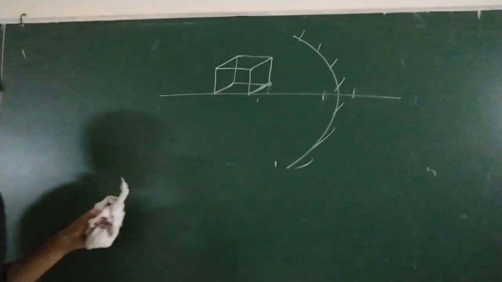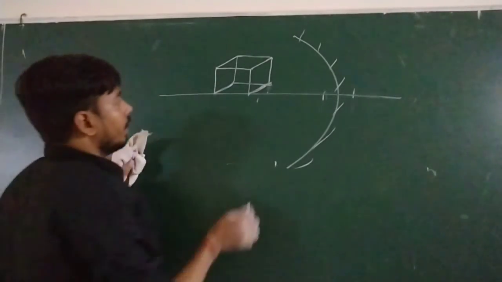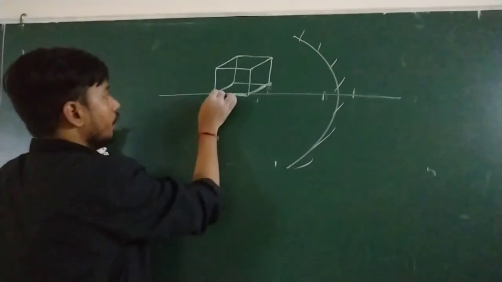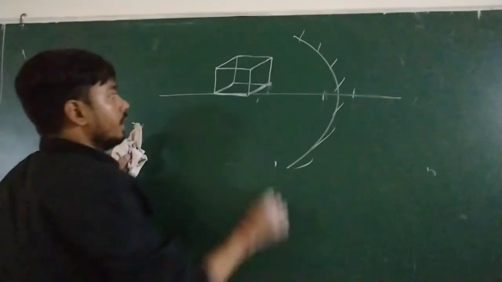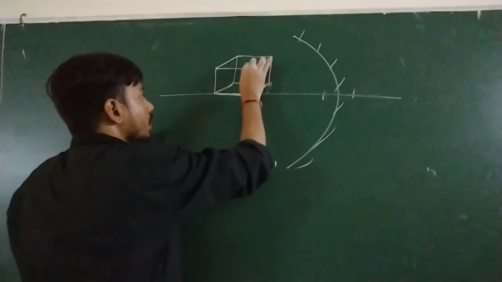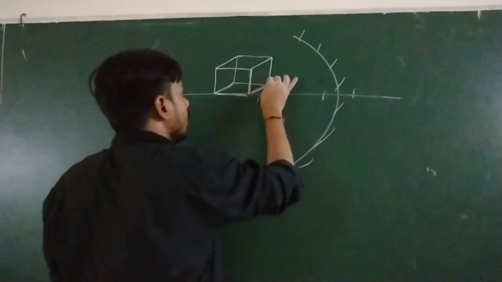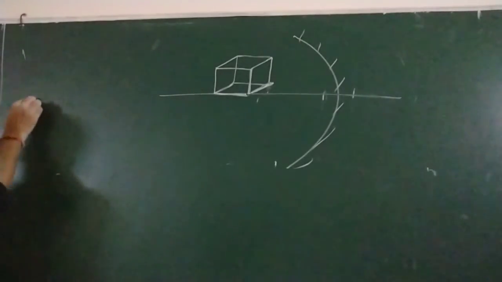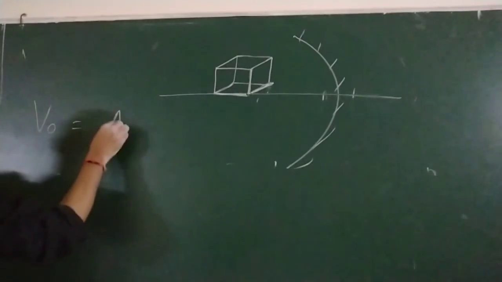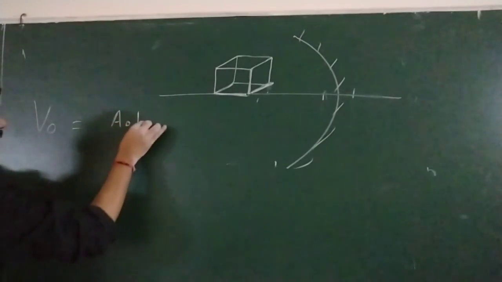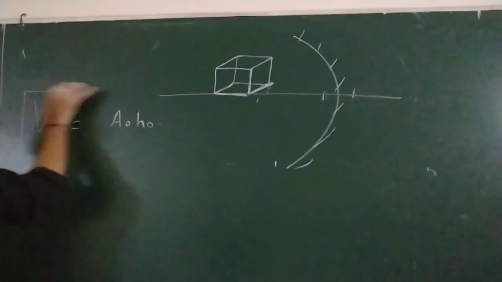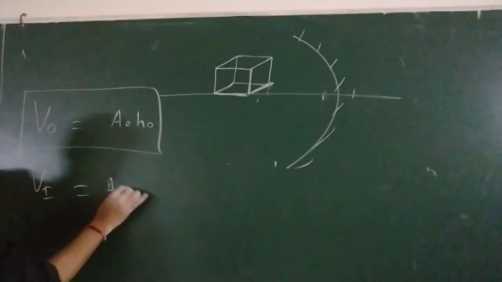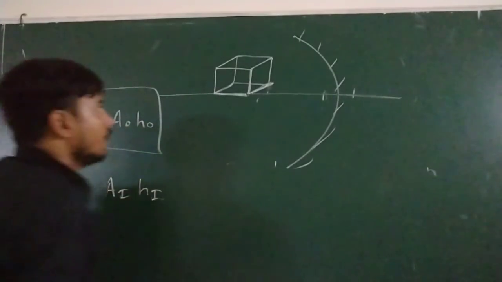You can see here, this will give us longitudinal magnification m square. This will give us lateral magnification because this is perpendicular, and this will also give us lateral magnification. So what is the total volume? Volume of object is equal to area of object into height of object. Now second, volume of image becomes area of image into height of image.